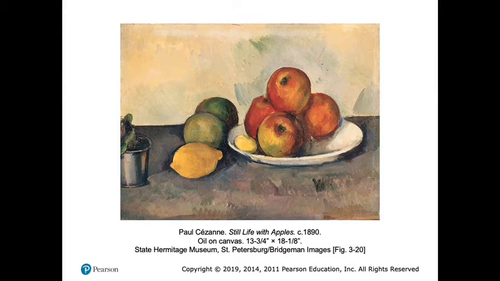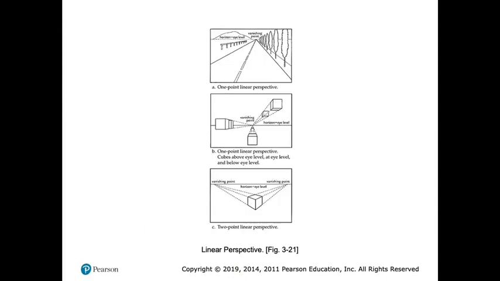You see that the lemon is lower than the plate, the dish for the fruit, so this is closer to us. Then all of them together, we see the overlapping of the apples and plate and the green fruits. All of them help us to create the illusion of space.